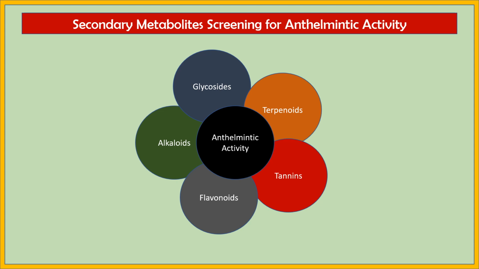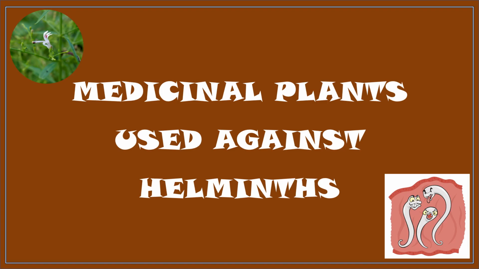When the plant is rich in glycosides, terpenoids, tannins, flavonoids, alkaloids, when these secondary metabolites are high in a plant, then we can screen such a plant for anti-helminthic activity. So this is a way to screen the plants.